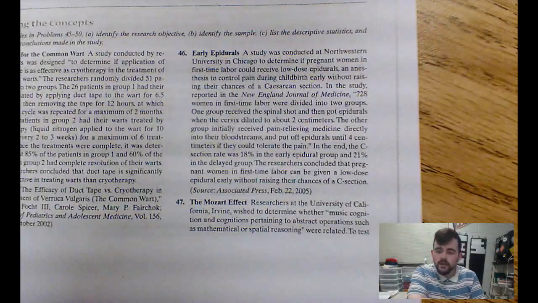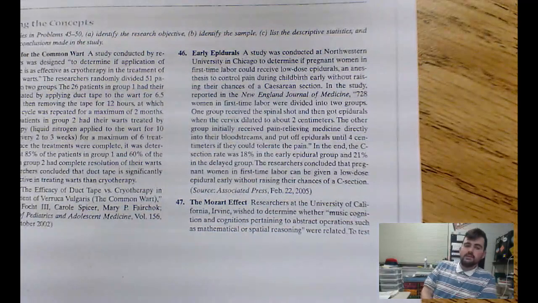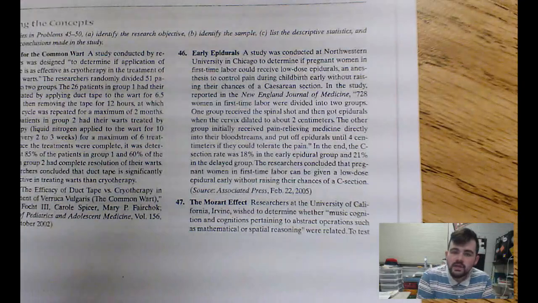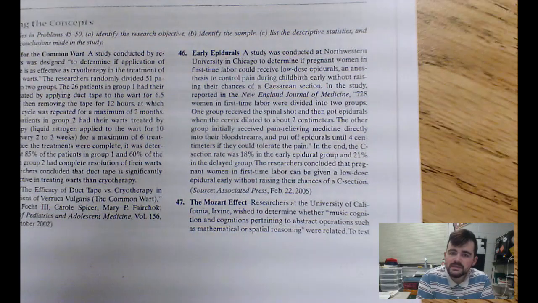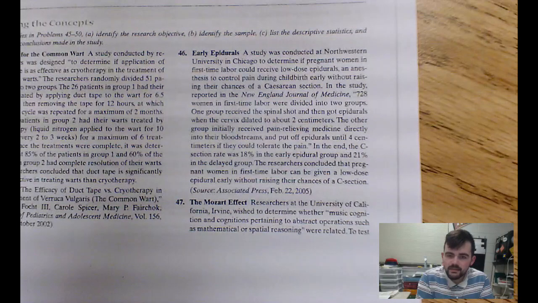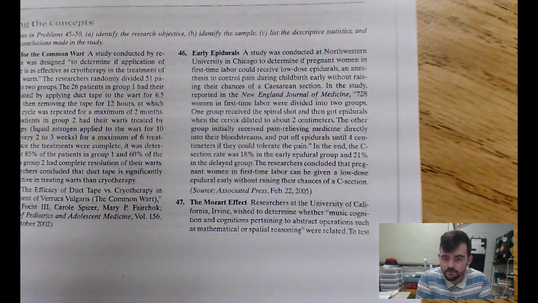And I hope you paused the video, and now you're ready to go. Okay, let's go. Number 46, early epidurals. A study was conducted at Northwestern University in Chicago to determine if pregnant women in first-time labor could receive low-dose epidurals and anesthesia to control pain during childbirth without raising their chances of having a cesarean section.